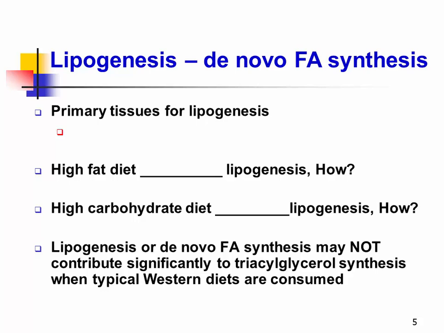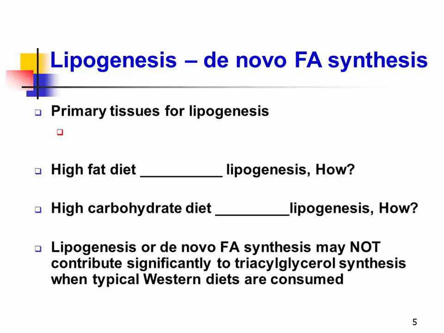The liver is more important in terms of fatty acid synthesis, but adipose tissue is more important for triglyceride synthesis. So it's a different concept. The liver is the primary tissue for lipogenesis, and lipogenesis can also occur in adipose tissue, but on a relatively small scale compared to the liver.